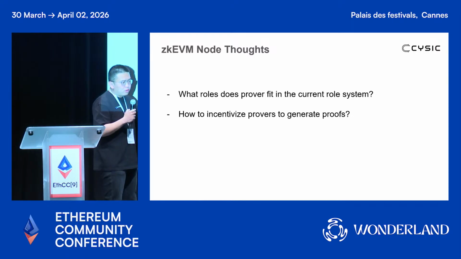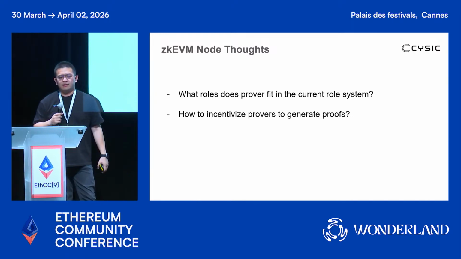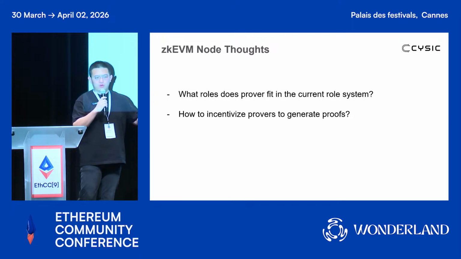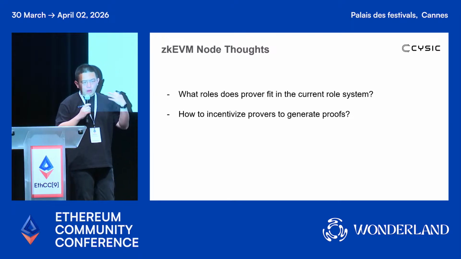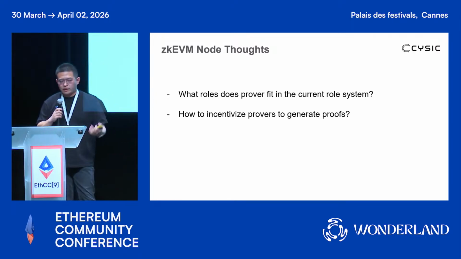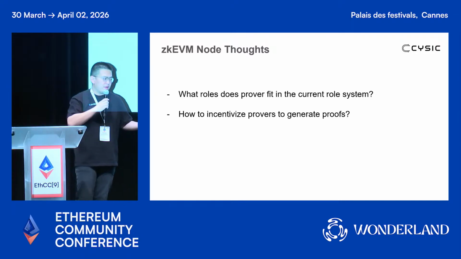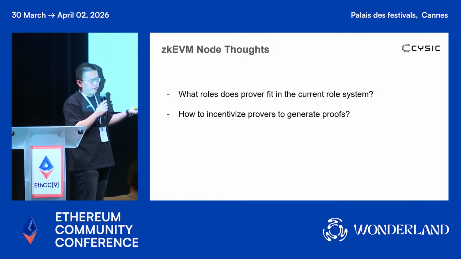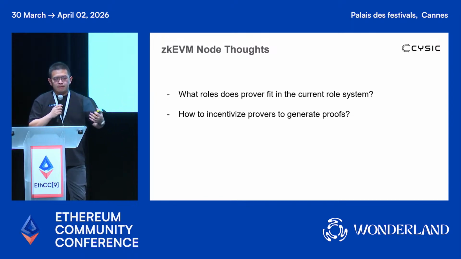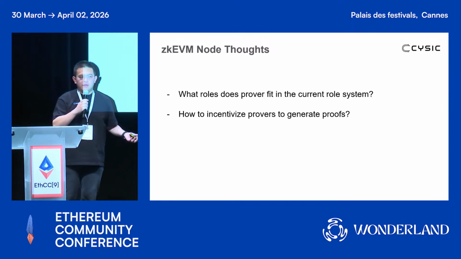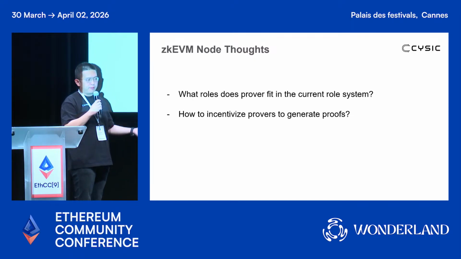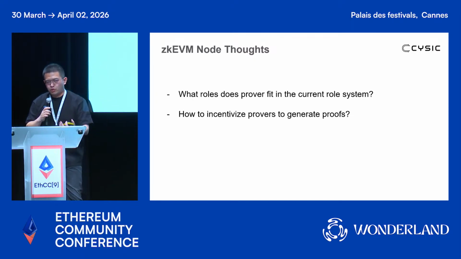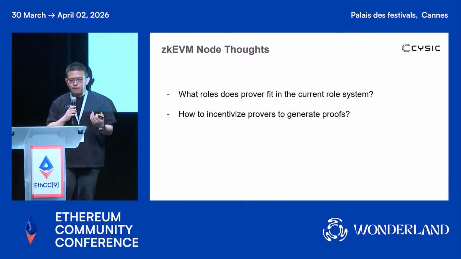Then we need to design incentivizing rules to motivate the provers to generate the proof. If provers do the proof for each block, what are they going to get from the block? Without the proof, the gas per block is limited, but with a prover, the gas limit can be hugely increased.